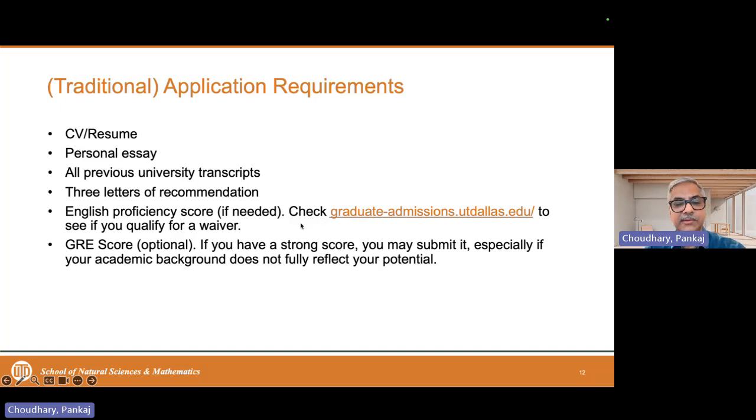And GRE is not required. But if you have taken the GRE and you have a strong score, you may submit it, especially if your academic background doesn't fully reflect your potential. But we don't ask you to take the GRE for us, and otherwise, there is no need for you to take it.